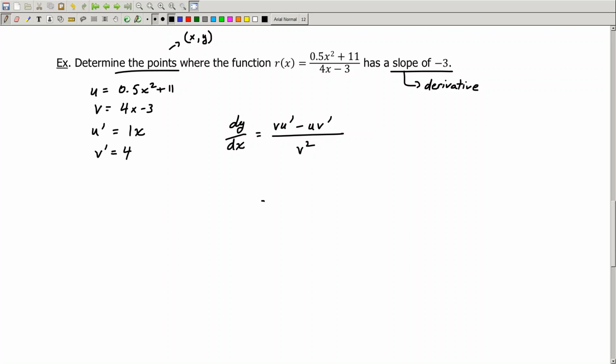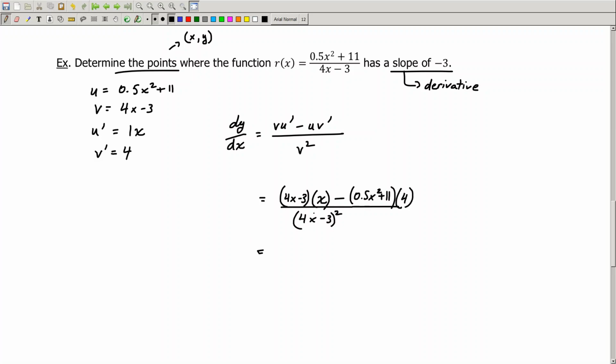Let's do this. So what do you get? V is 4x minus 3. I also have to write that on top. And then I write u prime, which is 1x, or just x. Same thing. Minus u, which is half x squared plus 11, times v prime, which is 4.